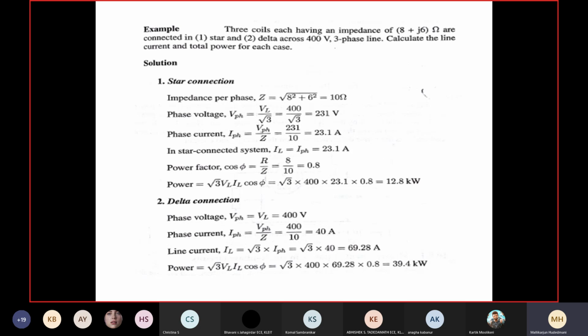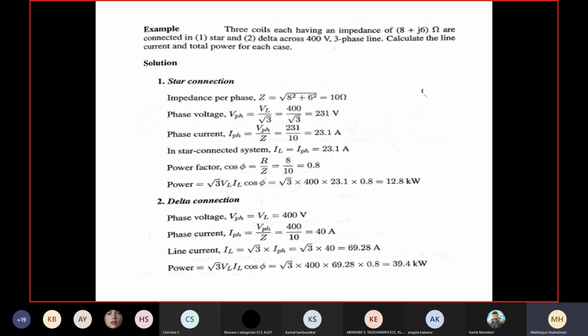Then voltage per phase in star connection is line voltage 400 divided by √3, which works out as 231 volt. Then current IPH equal to VPH divided by ZPH, which is 231 by 10, 23.1.